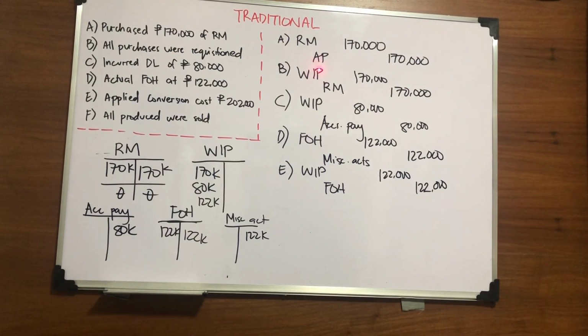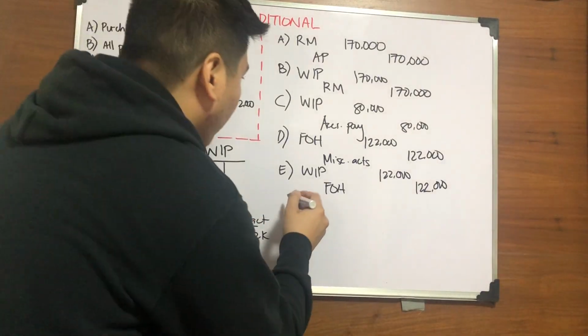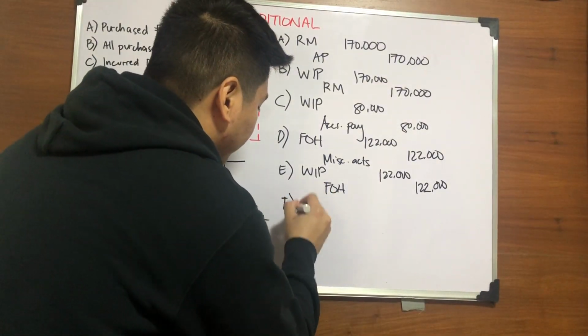We just simply add all the WIP. We have 3 WIPs here: your WIP pertaining to the raw materials, your WIP pertaining to the direct labor, and your WIP pertaining to your overhead. So we will sum it up. It will equal 372,000.